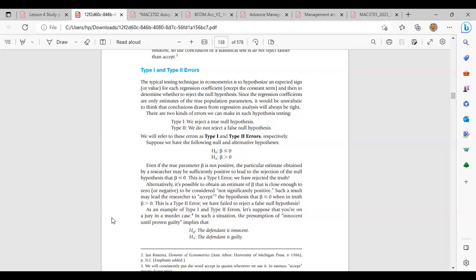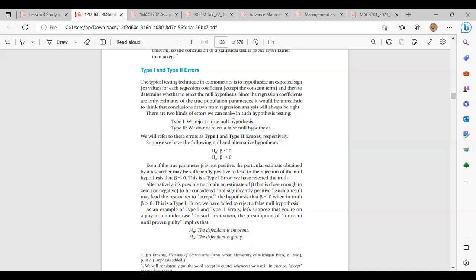Right. So let's just proceed with that. We are saying, based on the sample, we have come up with parameters, right? We've come up with sample parameters. We have come up with coefficients to estimate a relationship. We are not saying that that is actually true, right? We are simply saying, based on the sample, these are the conclusions that we arrive at. So there are two kinds of these errors.